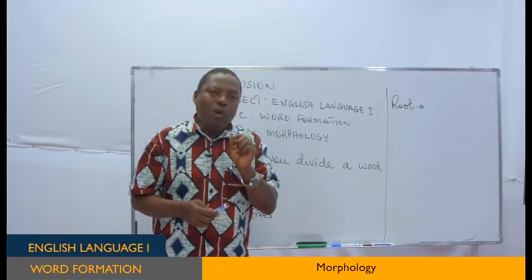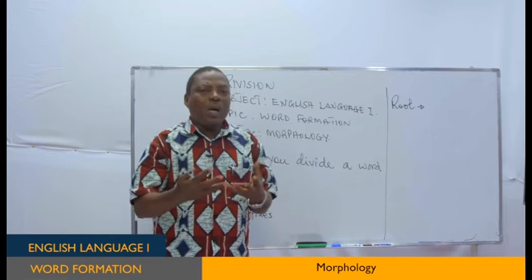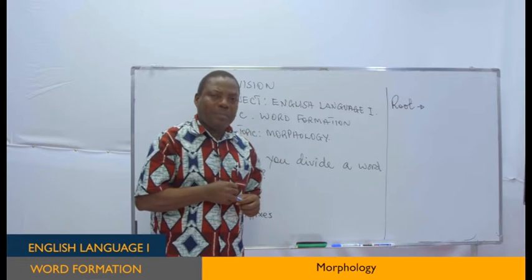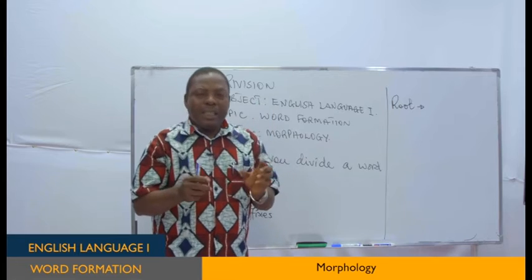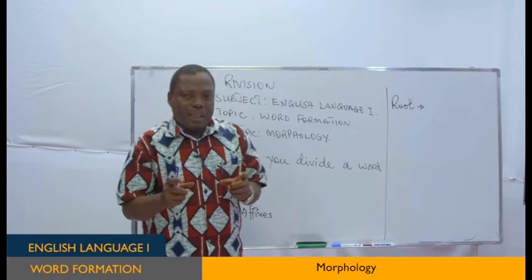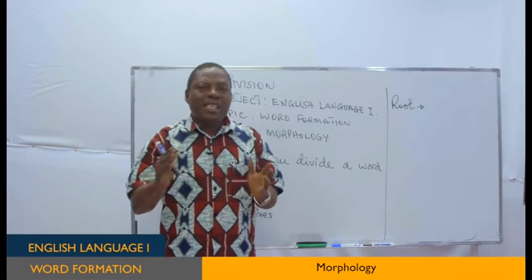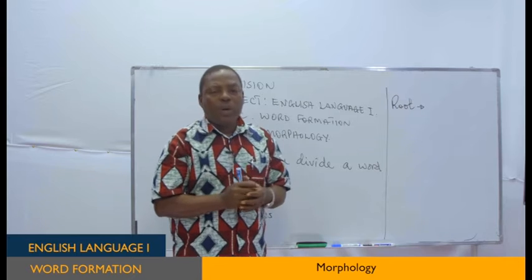It is the part of the word through which other words can be built. So when we talk about a root, it is an element that you cannot further segment without destroying its meaning.